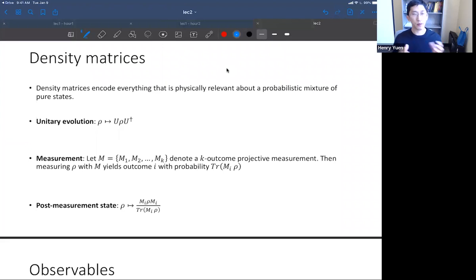If you took a density matrix rho and let it evolve under some unitary operation, you just have to multiply on both sides by the unitary. More specifically, you have to conjugate it by the unitary. So the new state after this evolution is U rho U dagger.